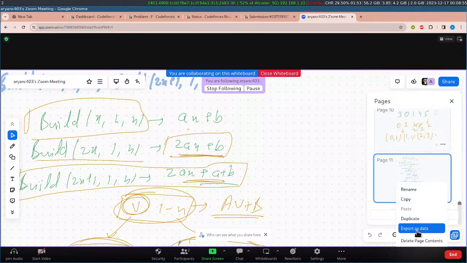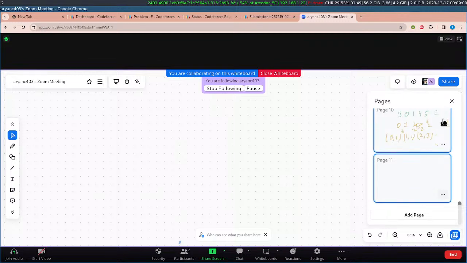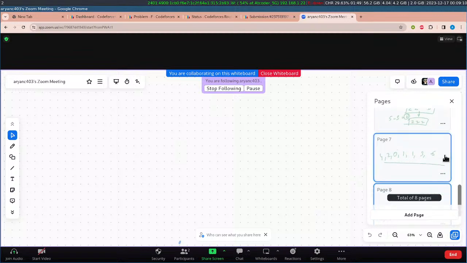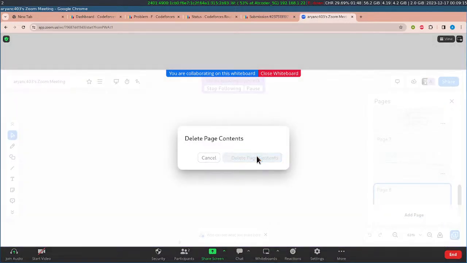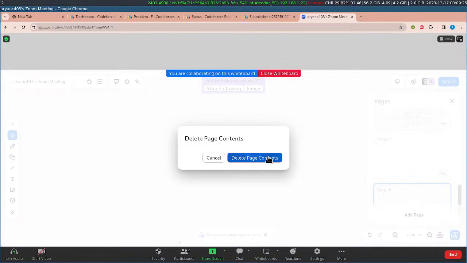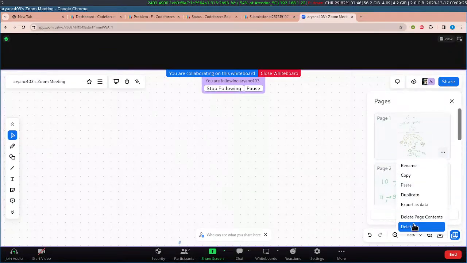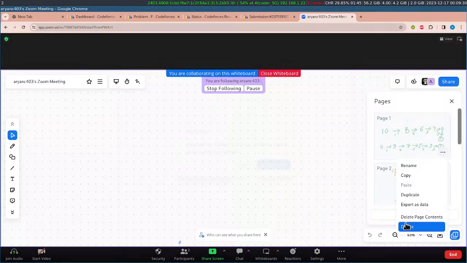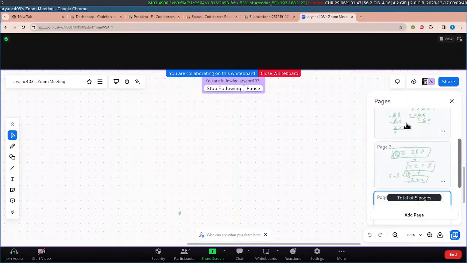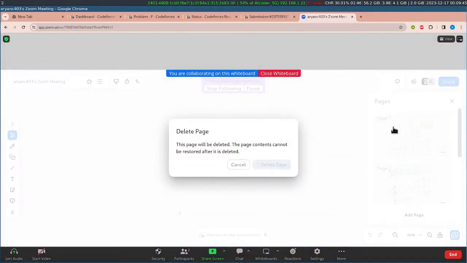Looks like Zoom... Sorry about this. I did not realize Zoom has a limit on the number of pages. Let's move to problem F now.